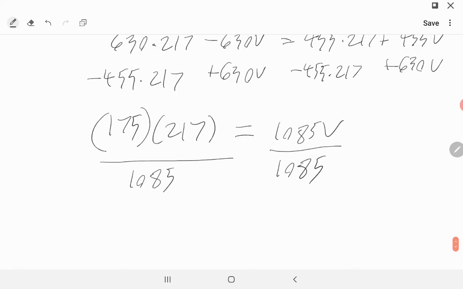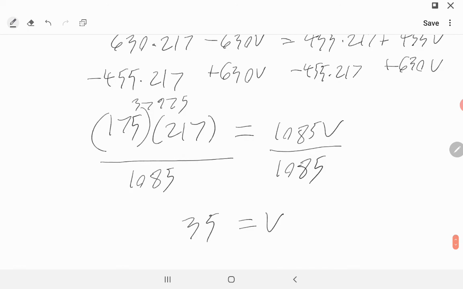So we check 175 times 217 is going to be 37,975. And then we divide that by 1085. And that gives us 35.